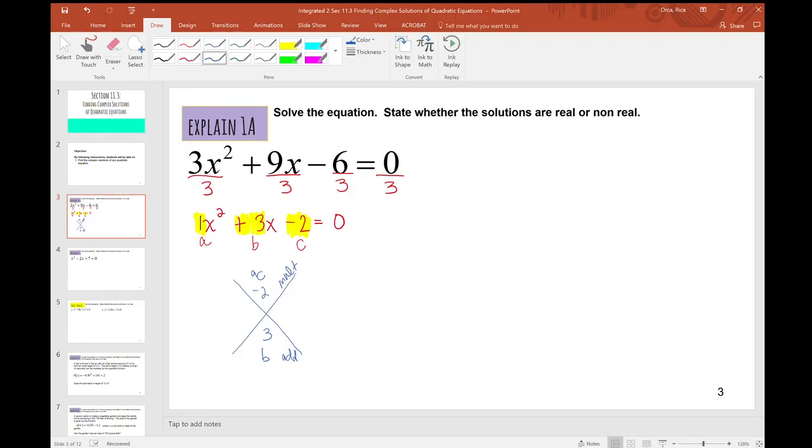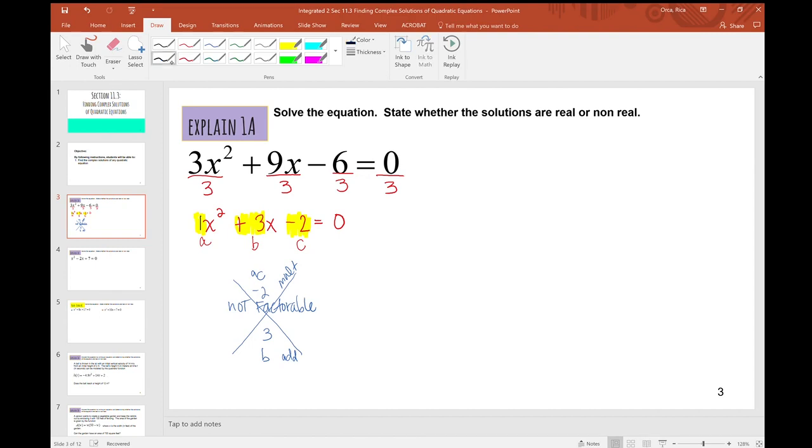Negative 1 times 2 is negative 2, but negative 1 plus 2 is 1, not 3. Because there are no factors that will multiply to negative 2 and add up to 3, we know that this equation cannot be solved by factoring.